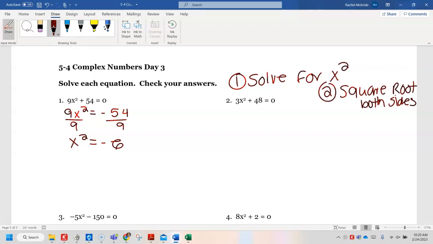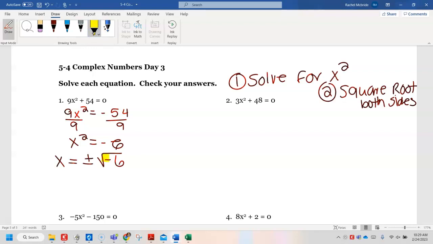Now, in the past, you would have looked at that and said no solution, because we had learned that you can't take the square root of a negative. Now that we know complex numbers, when you take the square root of both sides, you get rid of the squared on the x, so you get x equals plus or minus the square root of negative 6.